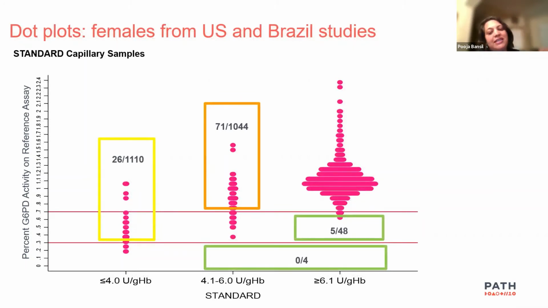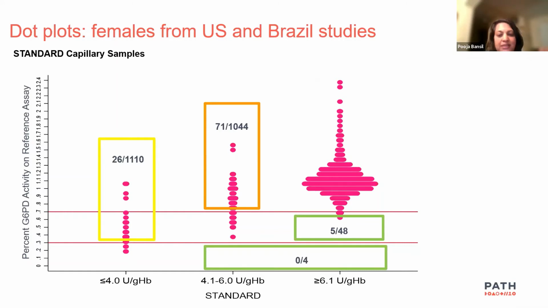Again, for capillary samples, the standard test overestimated the number of G6PD deficients and intermediates, as shown by the yellow and orange boxes. At the 30% threshold, among 1,110 females classified as normal by the reference test, 26 were misclassified as deficient by the standard.